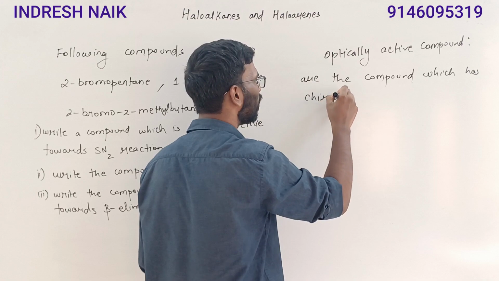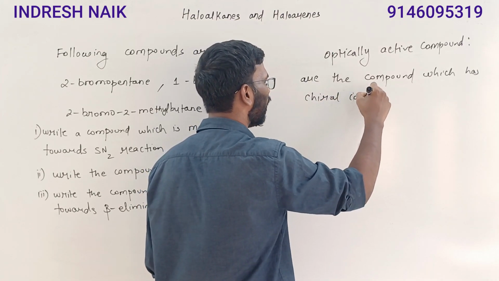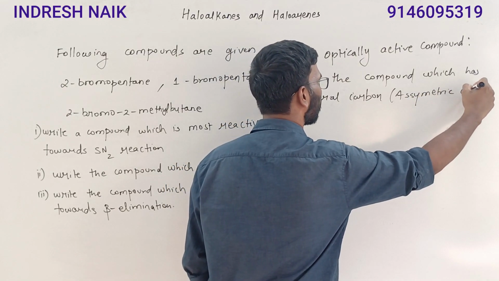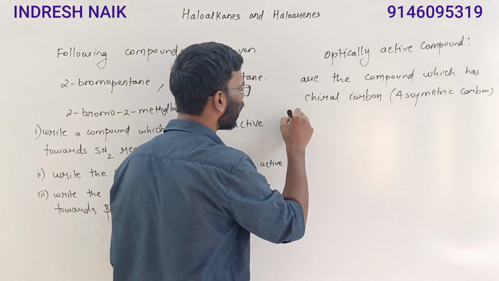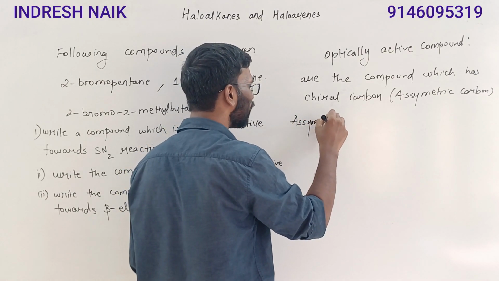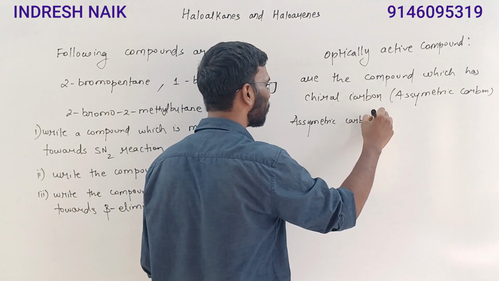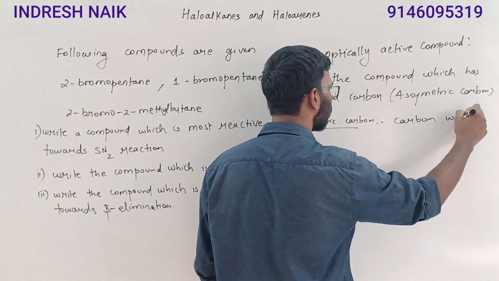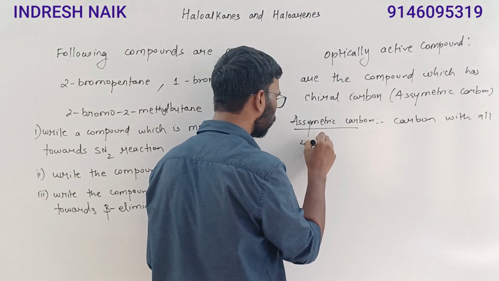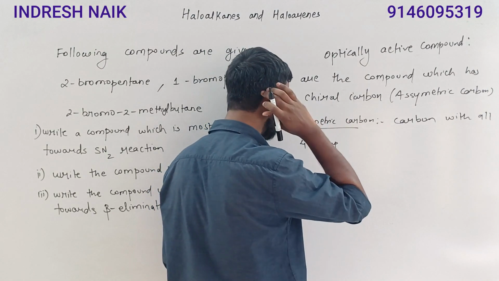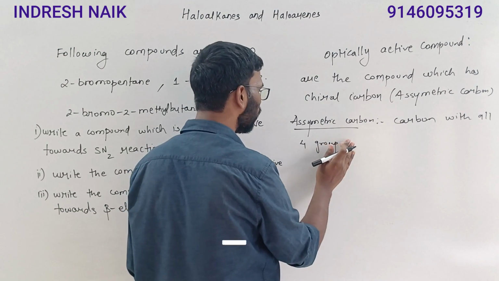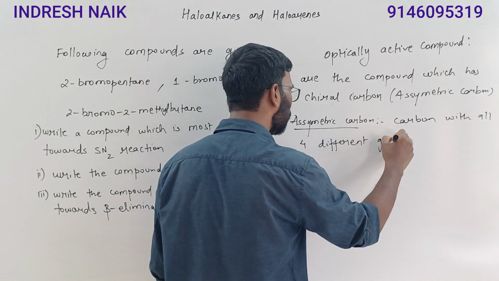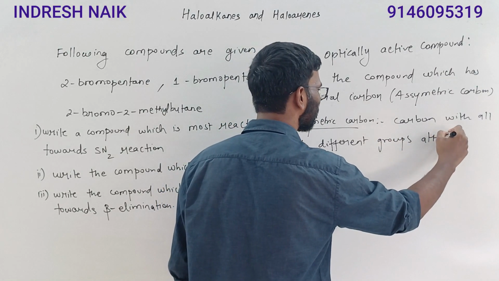What is the meaning of chiral carbon? Chiral carbon, or we say asymmetric carbon. Asymmetric carbon means a carbon with all four different groups attached.